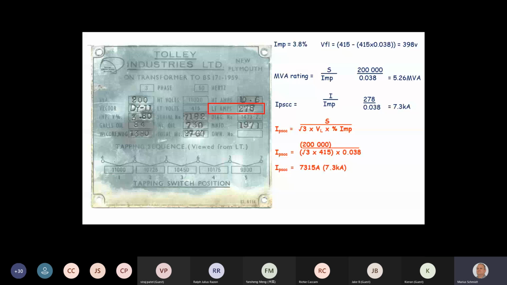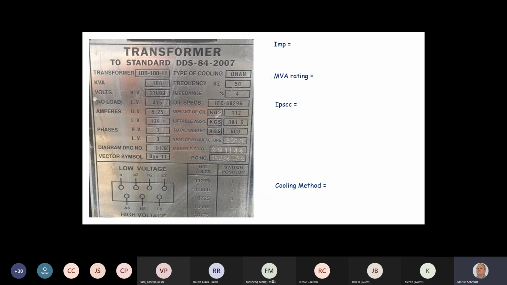Now what I'm going to do with my next slide, I'm going to give you time to do it. I want you guys to try it, even if you do it with your calculator without doing any calculation on paper. I want to know what is the impedance percentage on this nameplate.